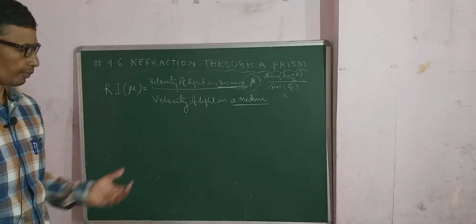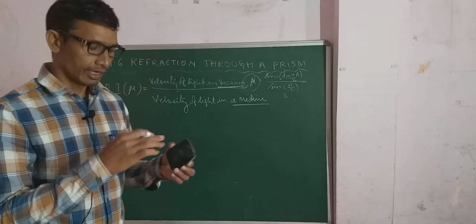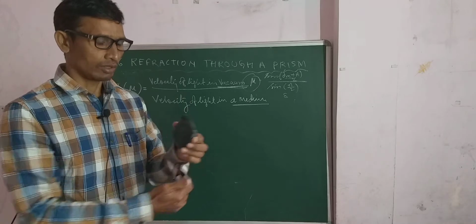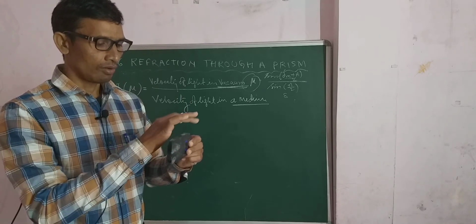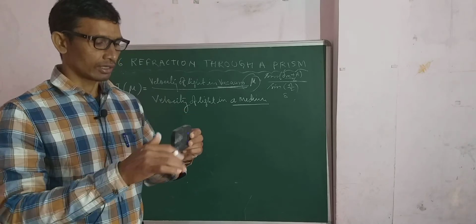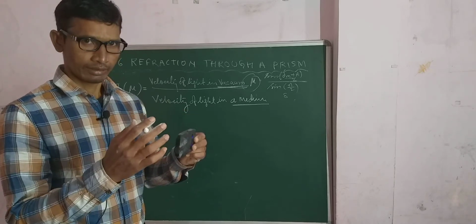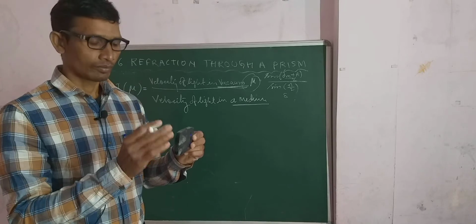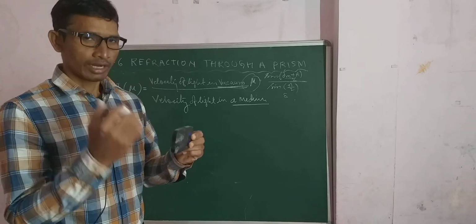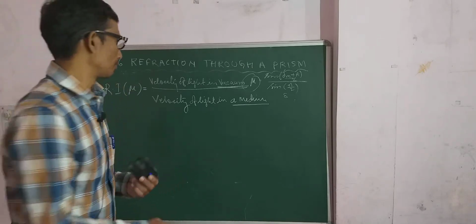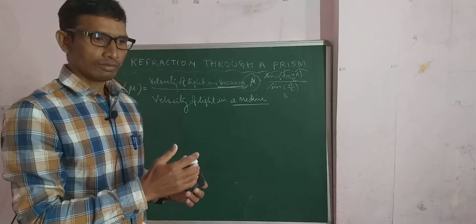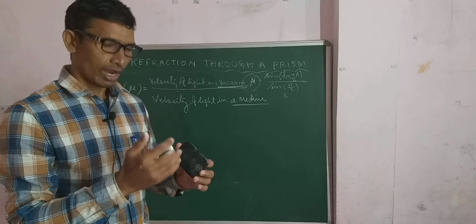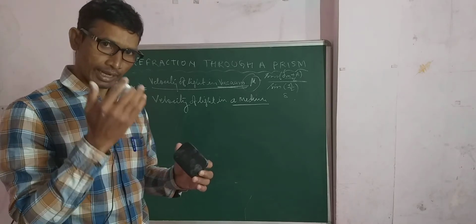You can see the air. Here is air around this material. It is a transparent material, and the surrounding is air. Air is also a transparent medium, but not dense. It is a rare medium. So the velocity of light in vacuum is approximately equal to the velocity of light in a medium like air.